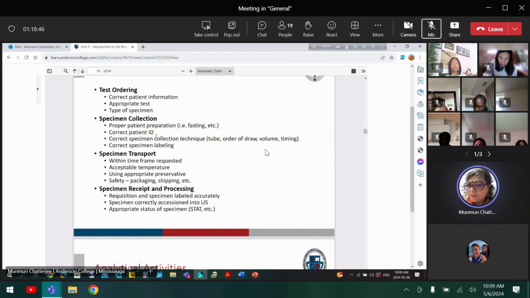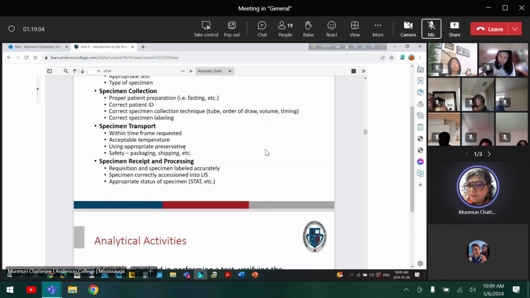Specimen collection: proper patient preparation, fasting, etc. Correct patient ID, correct specimen collection technique, tube, order of draw, volume, timing, correct specimen labeling. You are all trained now. Then specimen transport within the time frame requested. So for serum samples or plasma samples, how long can it be? It has to reach the lab within which time frame?